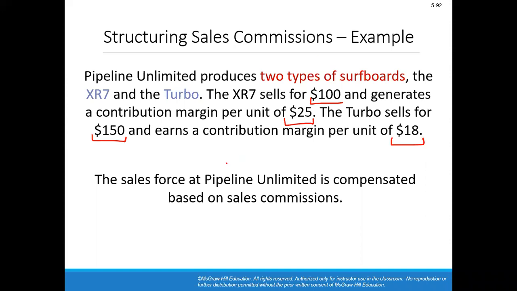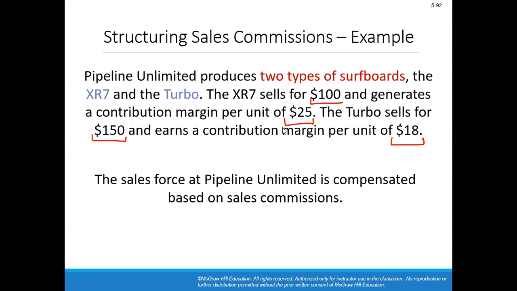The question to you is: will the salespeople be more interested in selling the XR7 surfboard or the Turbo surfboard, given the sales price per unit and the contribution margin per unit, when the sales commission is given as a percentage of sales value?